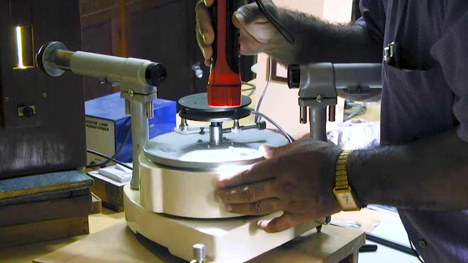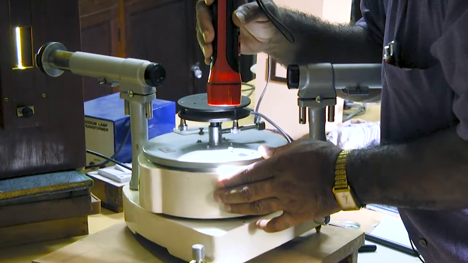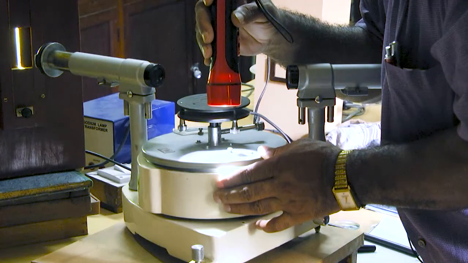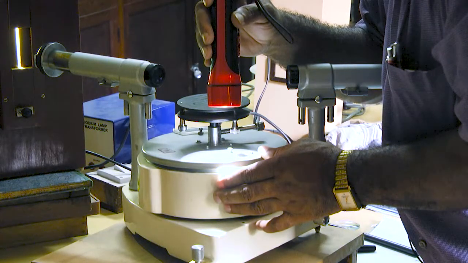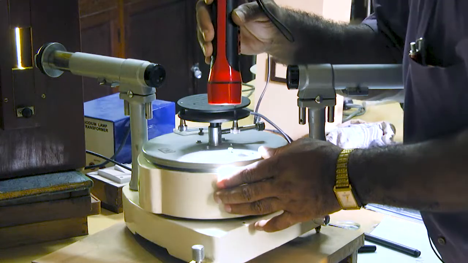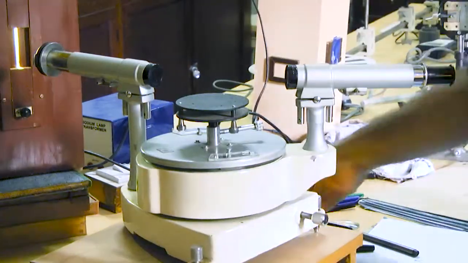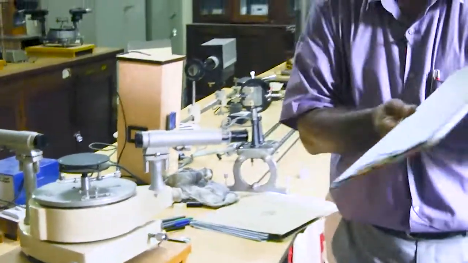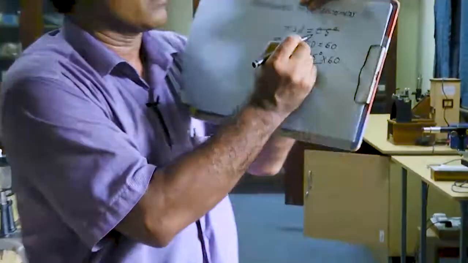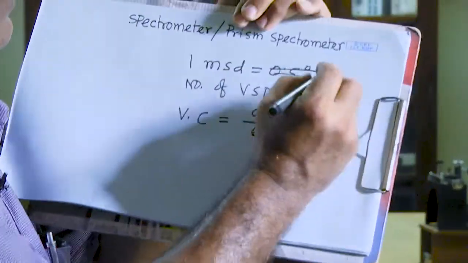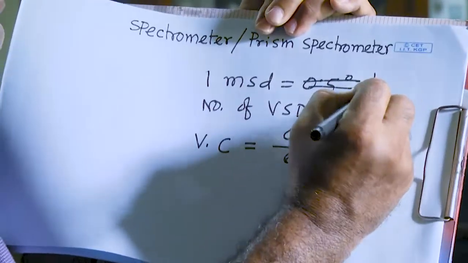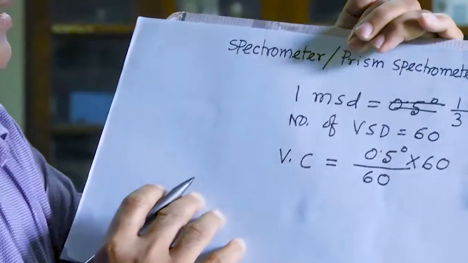That means 1 degree is divided into 3. So one smallest division is basically 1/3 degree.